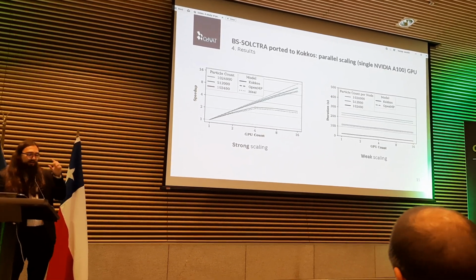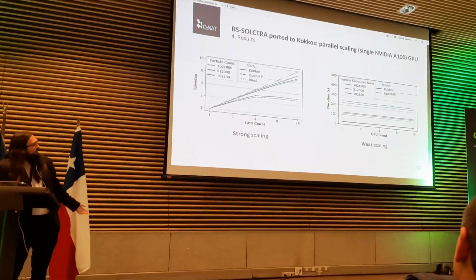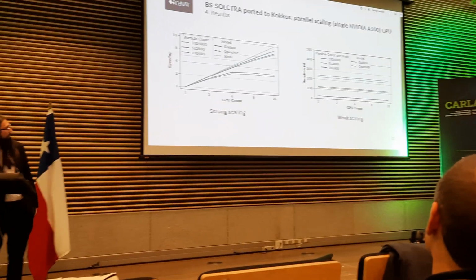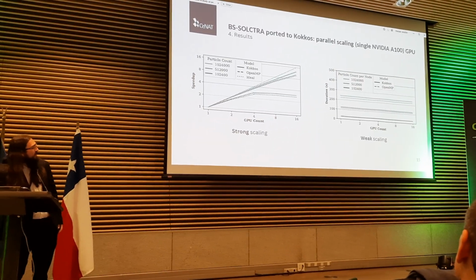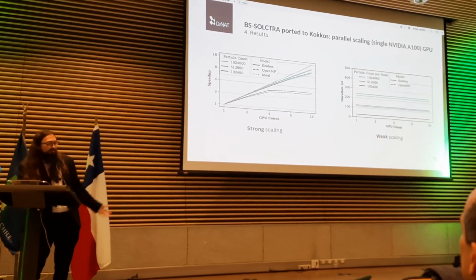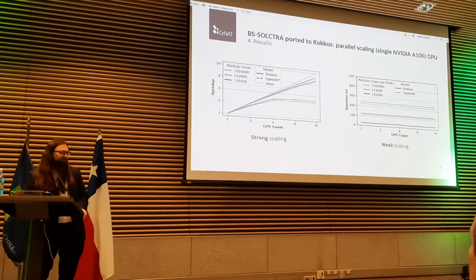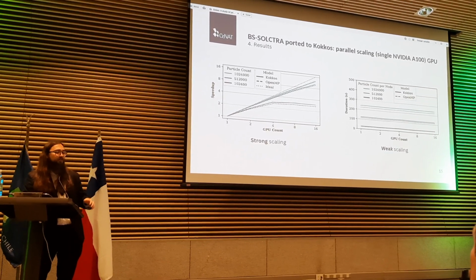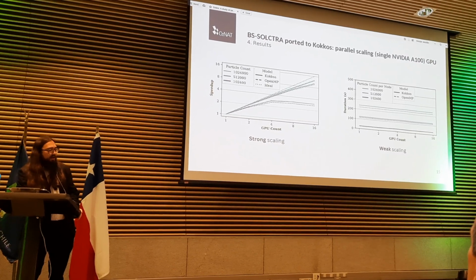So if we have 16 GPUs, each one of those has this amount of particles for each problem size. And as there are no deviations in any configuration, we have ideal weak scaling here for both our Kokkos code variant and the previous OpenMP code variants.